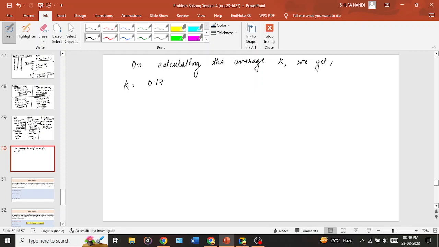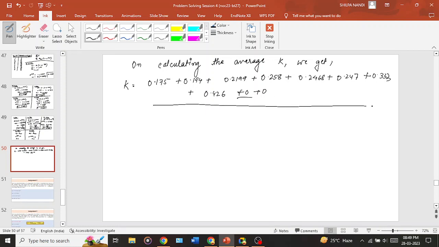So first K was 0.175, then we got 0.194, then we got 0.21199, then we had 0.2468, then we had 0.258, plus 0.426 and plus 0, which we don't need to write, right? So this divided by 10.